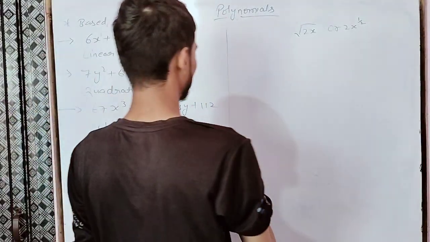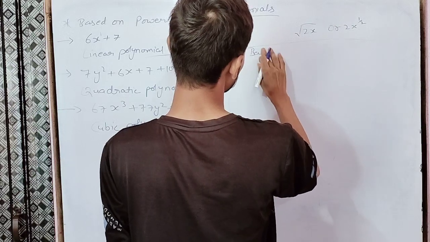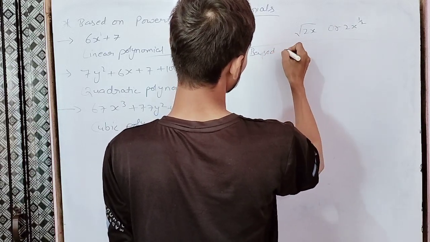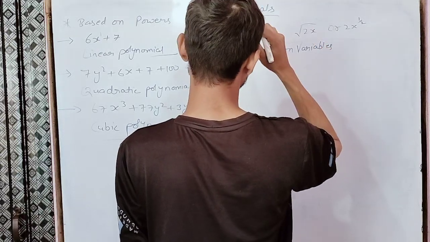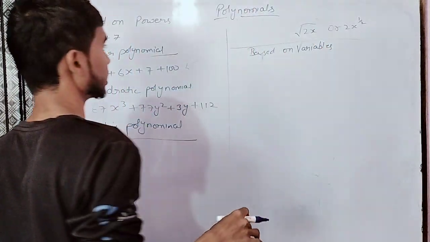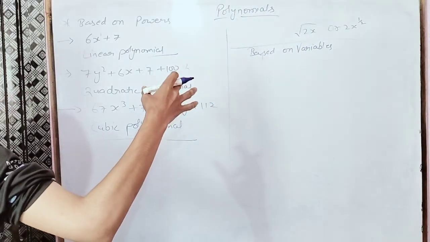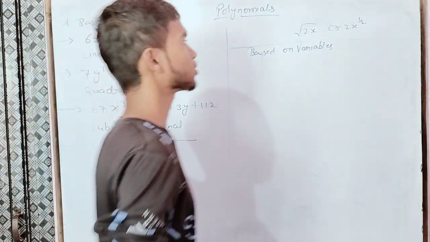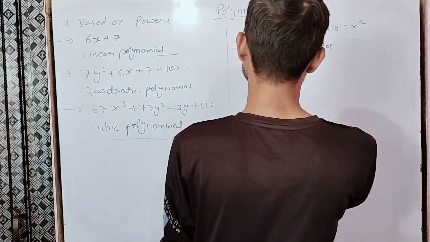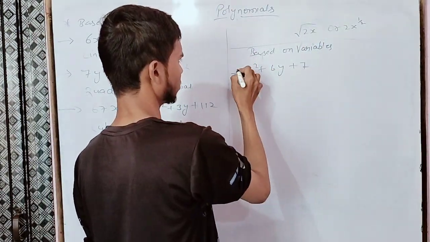Now something else, based on variables. We were understanding the types of polynomials based on powers and terms. Now based on variables. For example, x square plus 6y plus 7 is one.